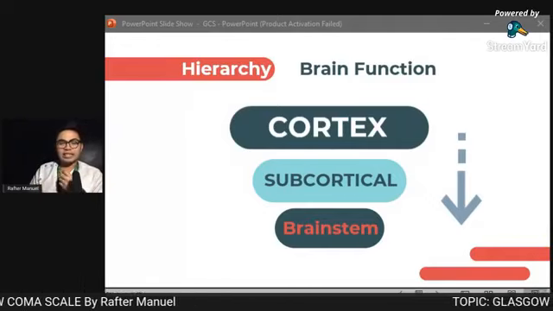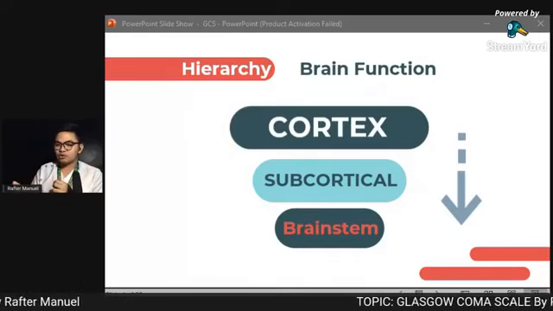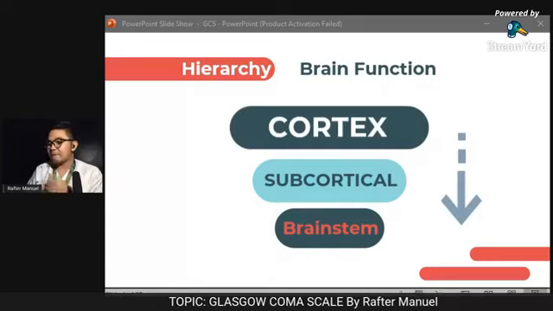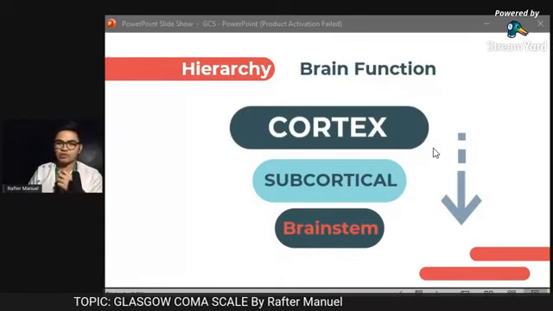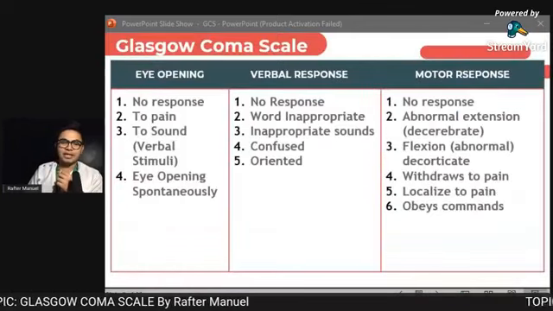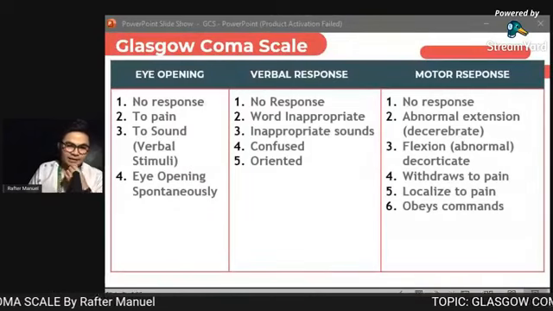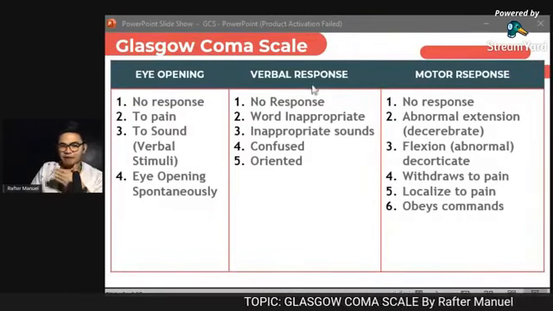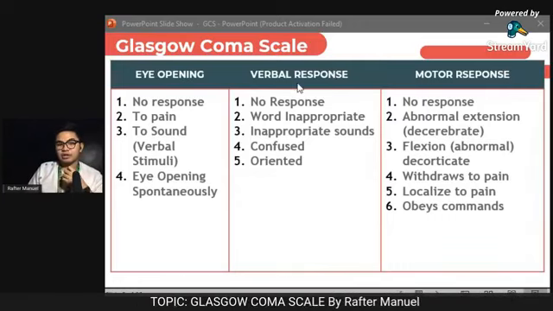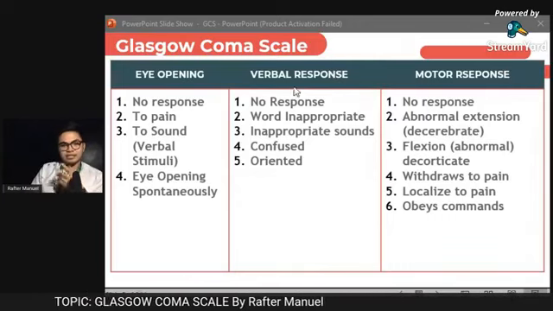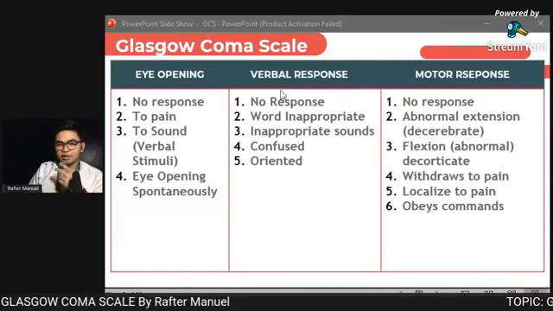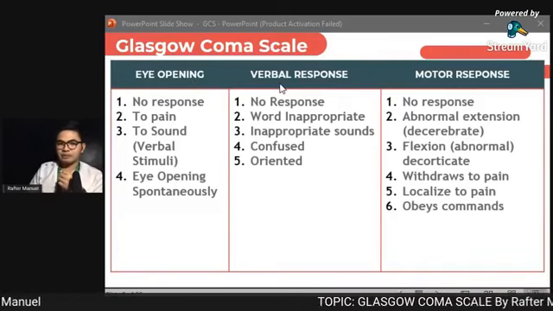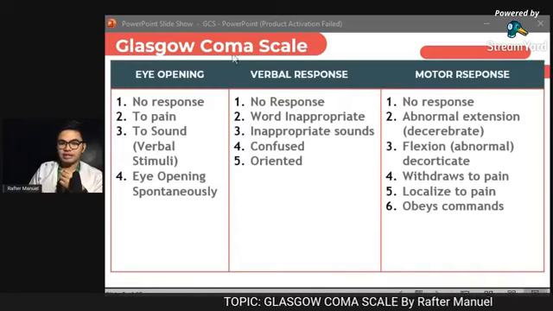And we can quantitatively measure this using what Brian Jennett and Graham Teasdale pioneered, which is the GCS, the Glasgow Coma Scale. It assesses three major brain functions: the eye opening, the verbal response, and the motor response.